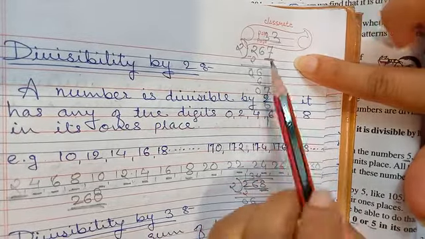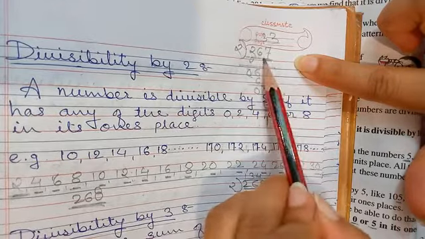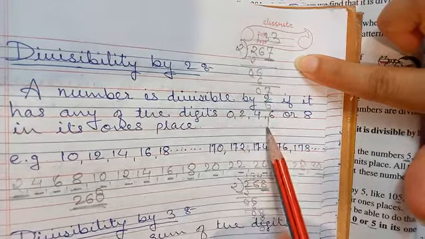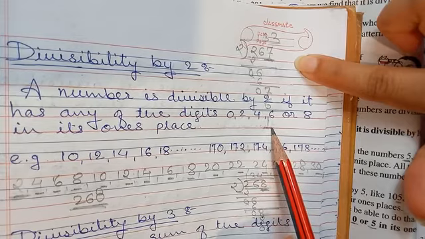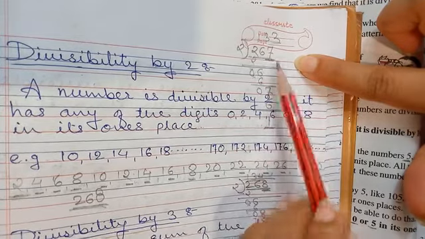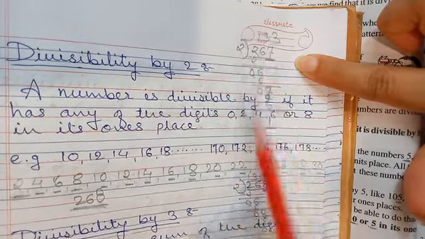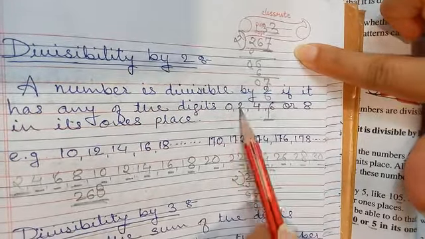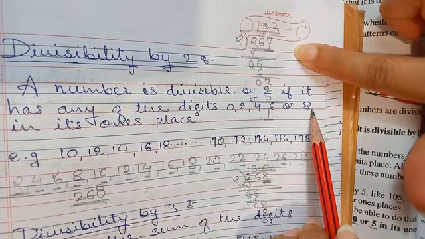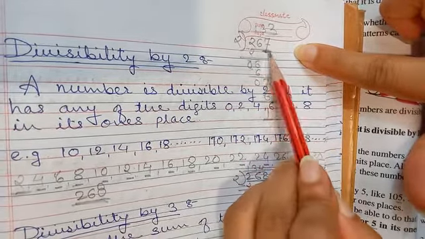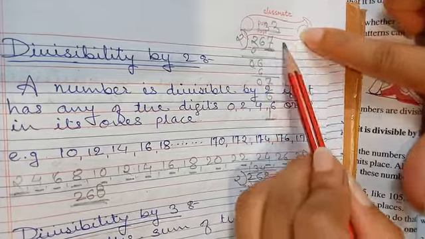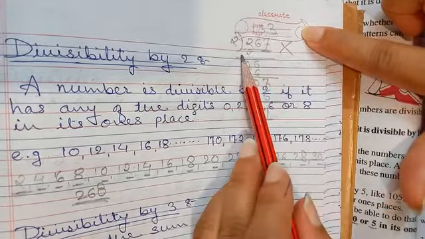So this number is not divisible by 2 because we are getting 1 as our remainder. Divisibility by 2 says that the digits 0, 2, 4, 6 or 8 should be at its ones place. So this number is not divisible by 2. Hopefully you have understood this also.